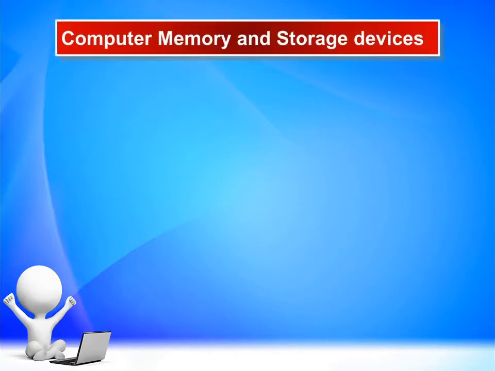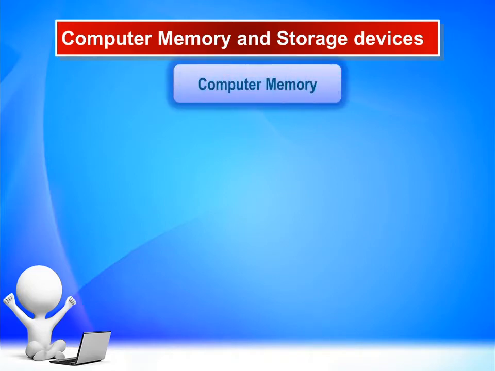Let's start with the chart that will represent the classification of the memory storage of the computer properly. Computer memory is just like a human brain. It is used to store data and instructions.